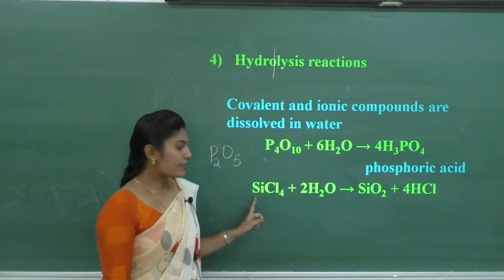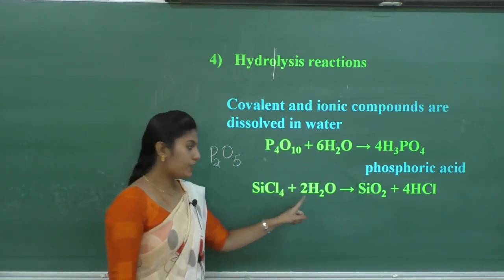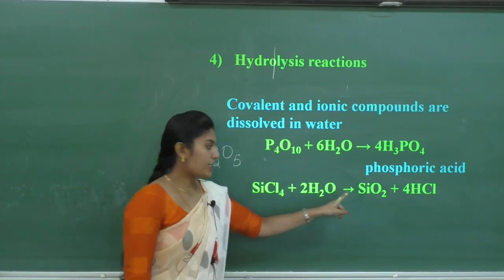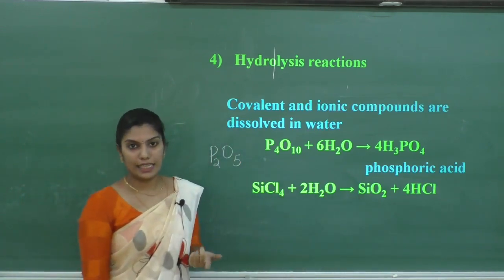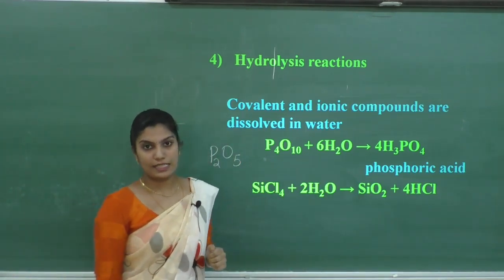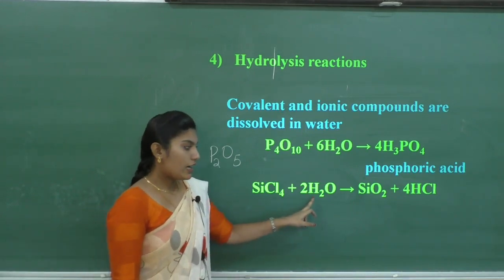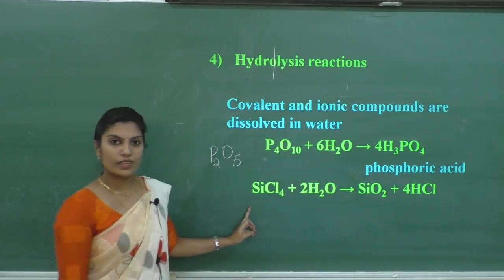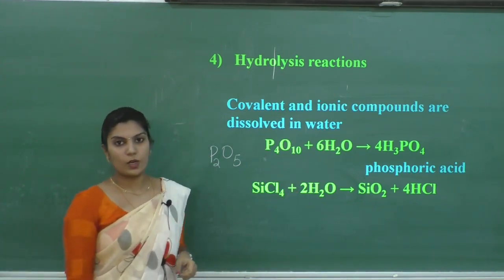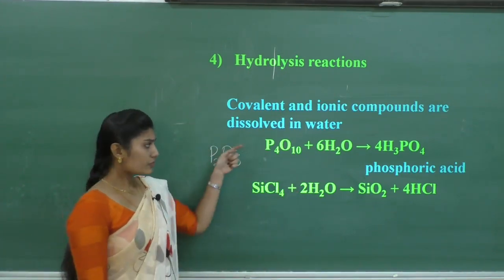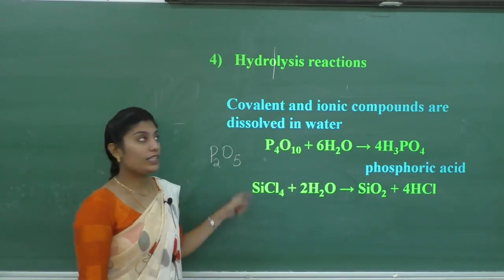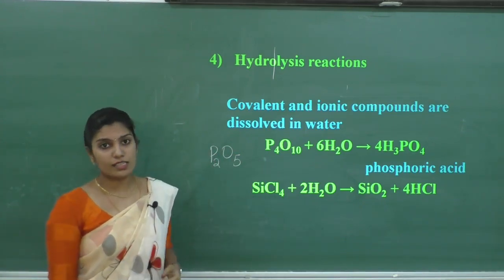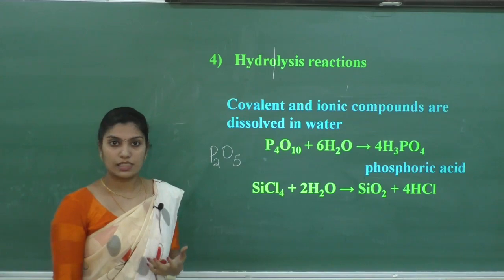Similarly, when silicon tetrachloride is dissolved in water, it forms silicon dioxide plus HCl. H plus goes with chlorine and oxygen goes with silicon to form silicon dioxide. These two reactions explain the hydrolysis reaction of water. Cleared?